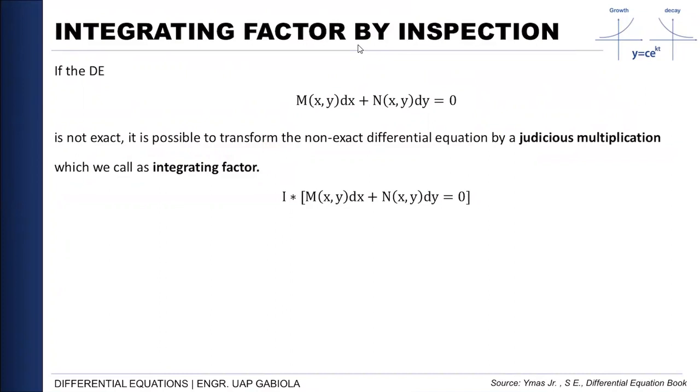Judicious multiplication means we are introducing the integrating factor. We say judicious because this method depends on the capacity of the solver and how he understands the equation itself. So it is the judgment of the one solving.